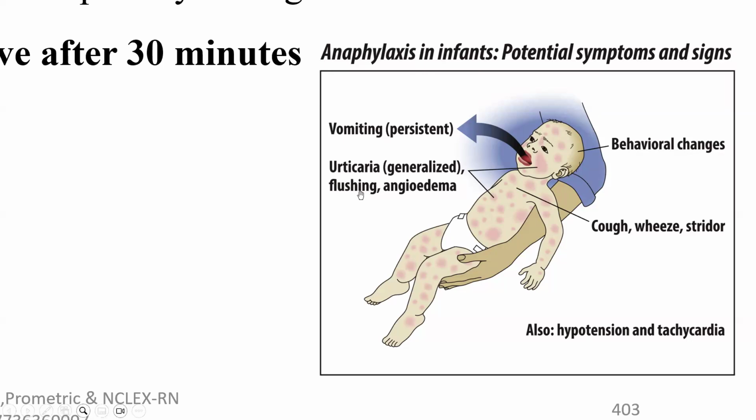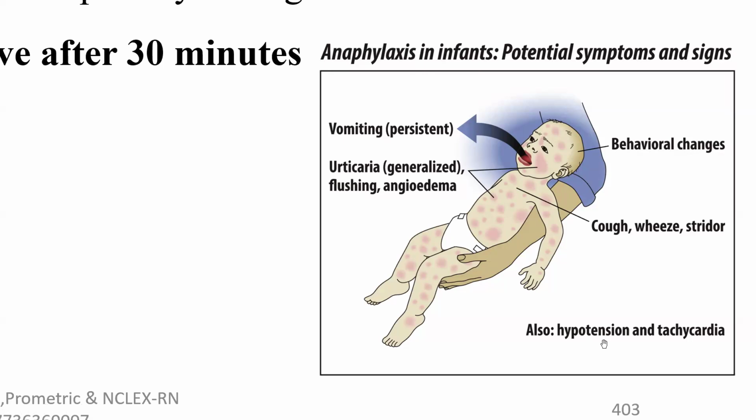redness over the body, flushing, angioedema, wheal-like lesions or puffiness. Because of angioedema, there will be periorbital edema and the lips will also bulge out. Fine. And cough, wheeze, stridor, hypotension and tachycardia. So I request all of you to learn by heart the signs of anaphylaxis. Okay.